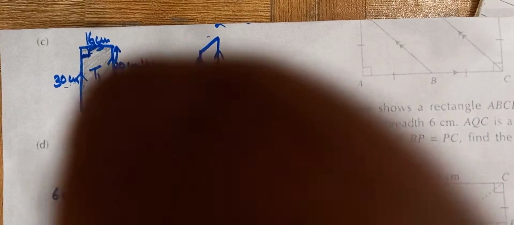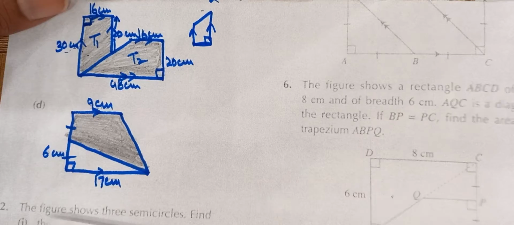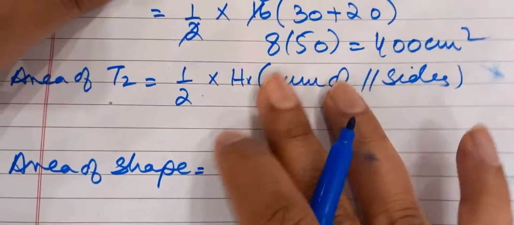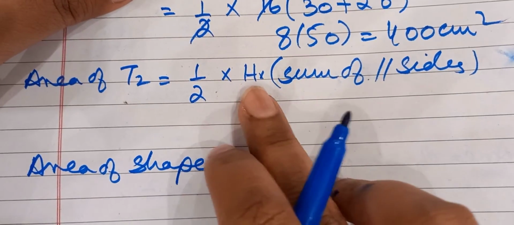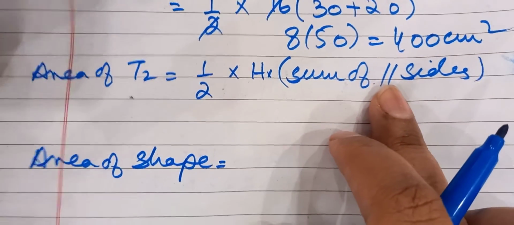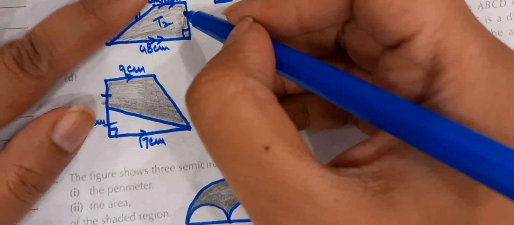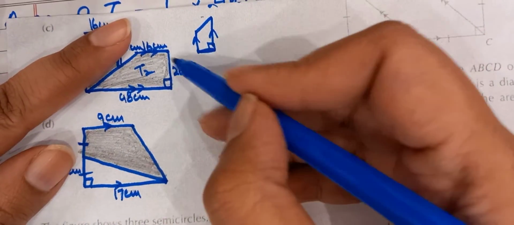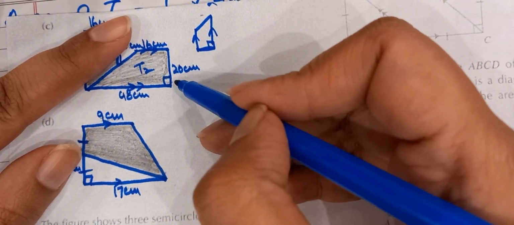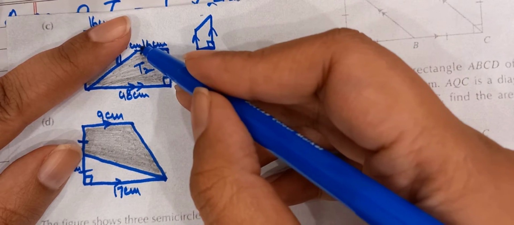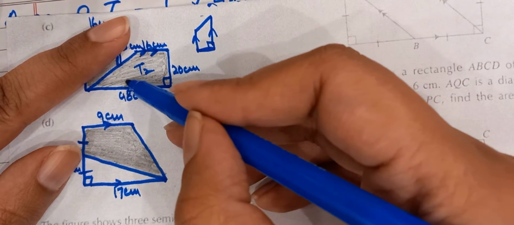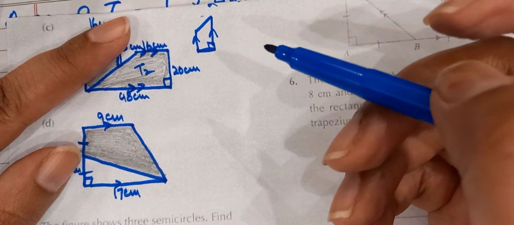Now I am going to find the area of the second trapezium. The area of T2 is also given by 1 by 2 into height into sum of parallel lines. Here, the height is 20 centimeters, and the arrows suggest that these lines are parallel to each other.